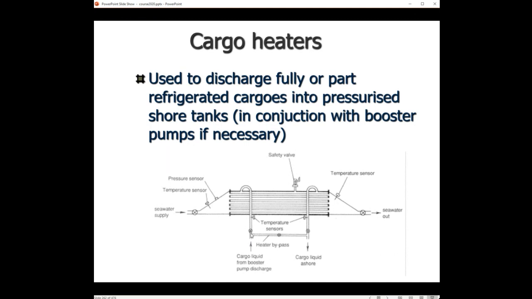So there's always the combination of booster pump and heater. When we use the booster pump, we also use the heater. So cold liquid is sent from the booster pump inside these tubes of the cargo heater, following the whole circuit, and then leaving on the other side as a warmer liquid, and then sent ashore.